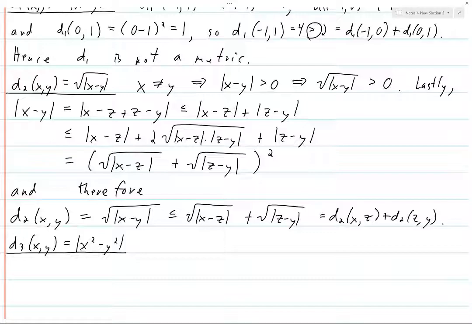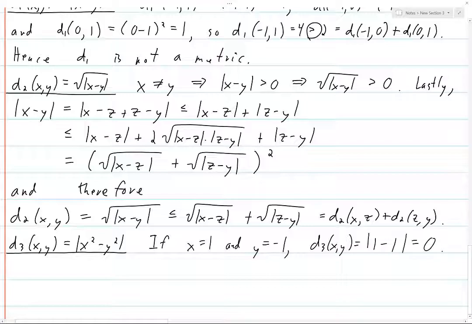Let x equal 1 and y equal -1, then the distance between x and y is going to be 1 squared, which is 1, minus negative 1 squared, which is 1, which is 0. So therefore, you have 2 points which are not equal, whose distance is 0. And that's not allowed in metrics. And so therefore, D3 is actually not a metric.